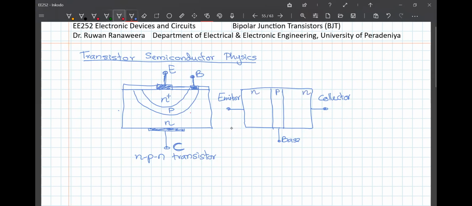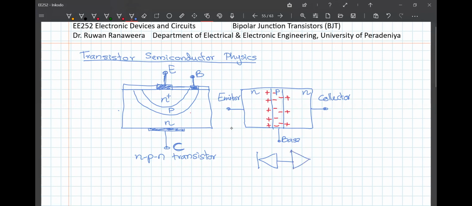Okay, so there is a charge bilayer at each of these boundaries. Here you have positive, here you have negative. Similarly, you have a positive layer here and a negative layer here. Note that I am drawing it asymmetrically to indicate that the depletion layer width is also different. So this looks like two diodes back to back.